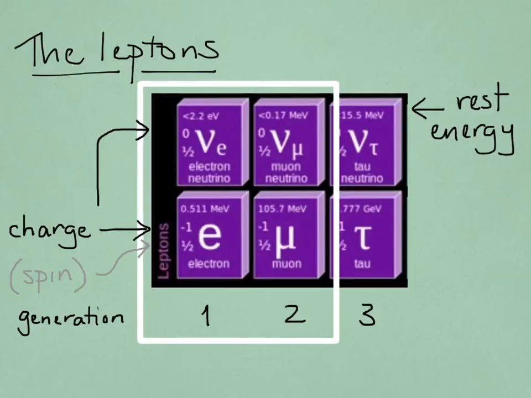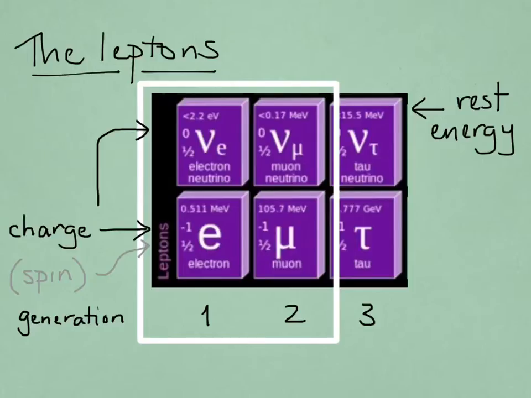But it's another property of particles. At the top, we've got the rest energy, as we've already mentioned. The neutrino rest energy is not very well known. As you can see, this one just says less than 2.2 electron volts, less than 0.17 mega electron volts, and so on. So they're really, really tiny, even compared to an electron. But that's a summary.